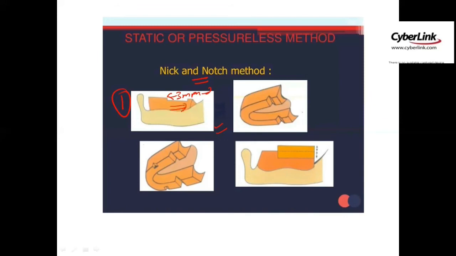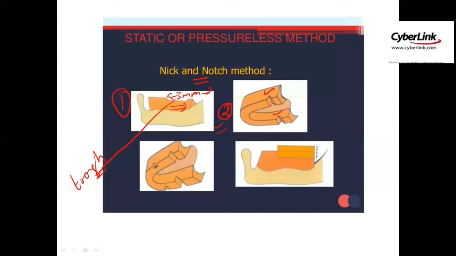Okay. The depression created on the occlusal rim due to removal of wax is called the trough. Right. Then 1 or 2 notches are cut on the corresponding area of the maxillary occlusal rim.